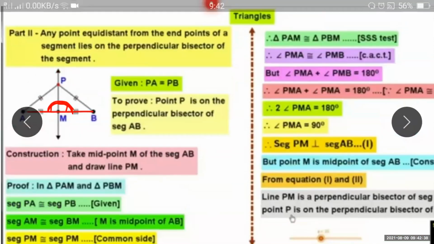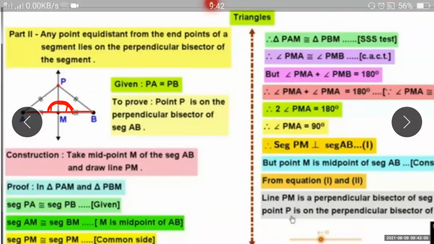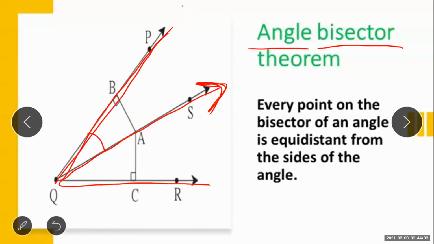Hello, Anjum teacher. You can see the angle PQR.